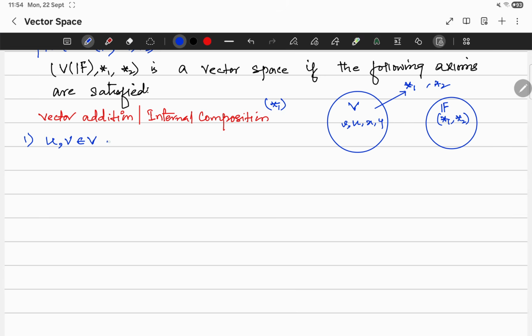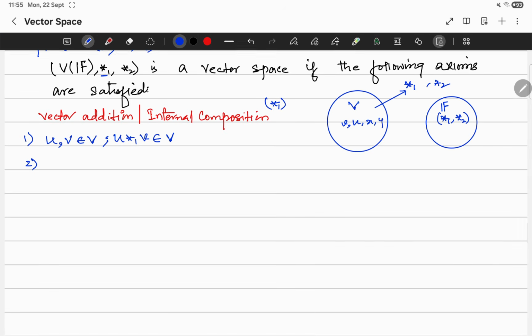So then U star1 V should be again in V, means that with respect to the first operation it should be closed, okay, V should be closed. Second, because it is internal composition, to understand it, that here in this internal composition we will take the first operation, okay. So then with respect to this first operation it should be associative.